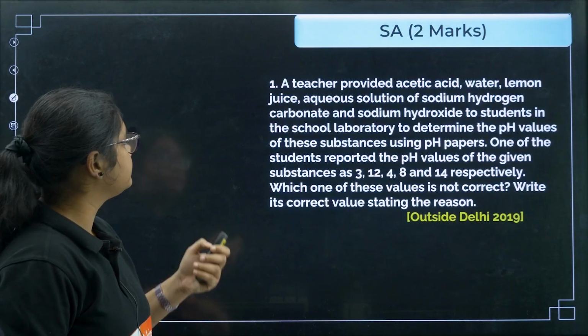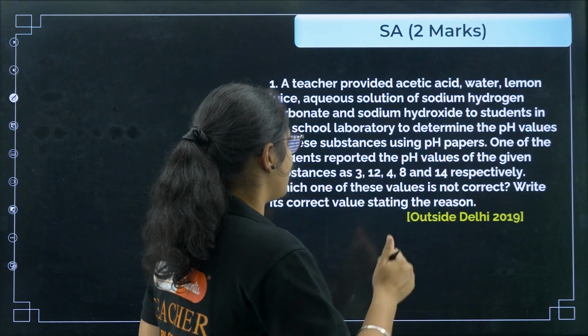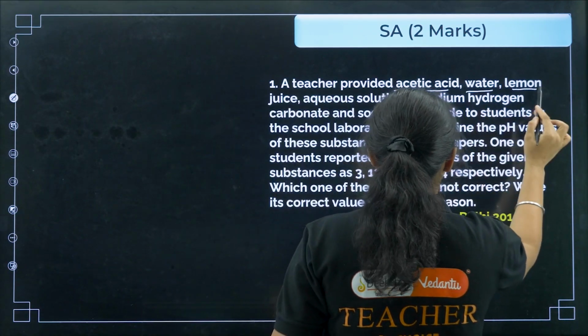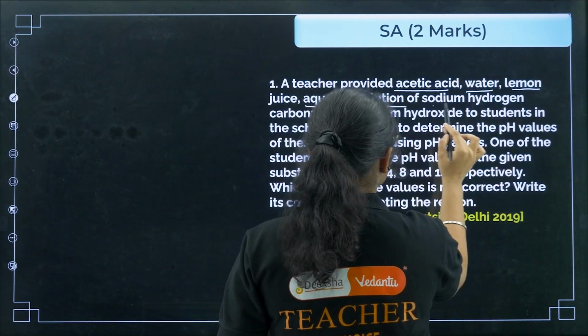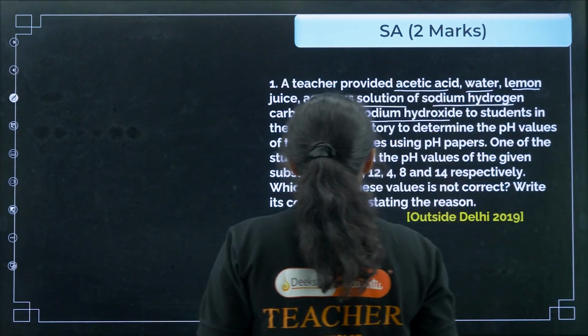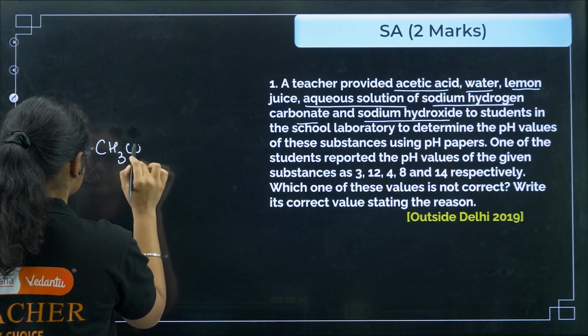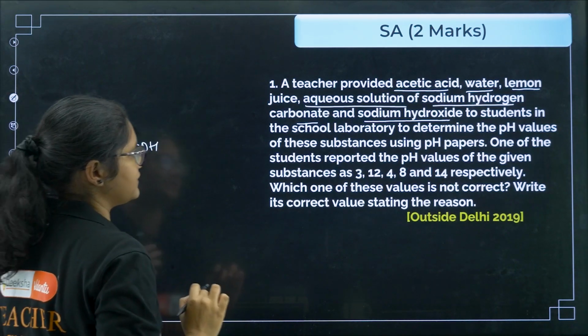Next, coming to 2 marker questions. A teacher provided acetic acid, water, lemon juice, aqueous solution of sodium hydrogen carbonate and sodium hydroxide to students. Let us write down what these things are. Acetic acid is there, I am writing the formula of acetic acid.